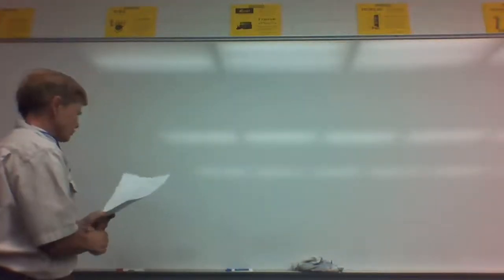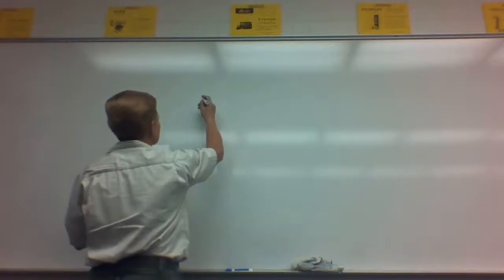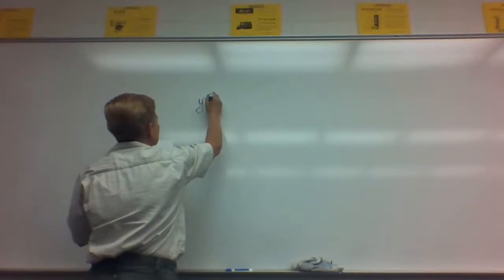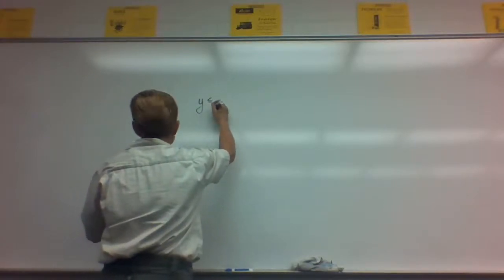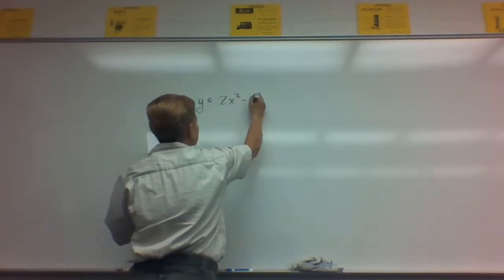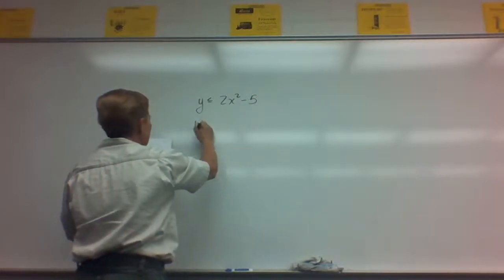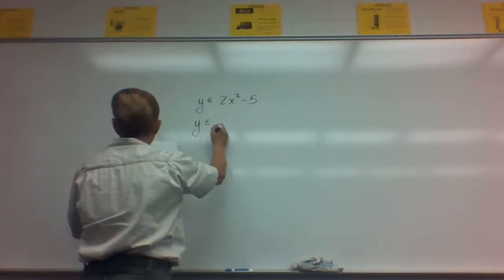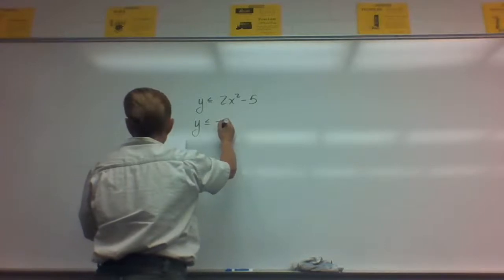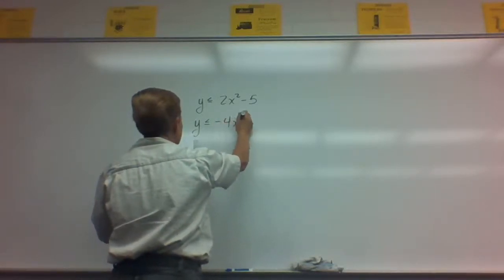Okay, so the system looks something like this. Graph the system of inequalities. It's going to be something like y ≤ 2x² - 5. And the other one might be y ≤ -4x².